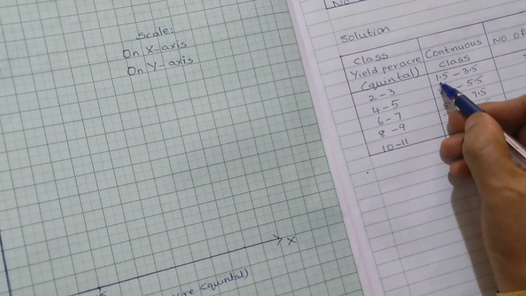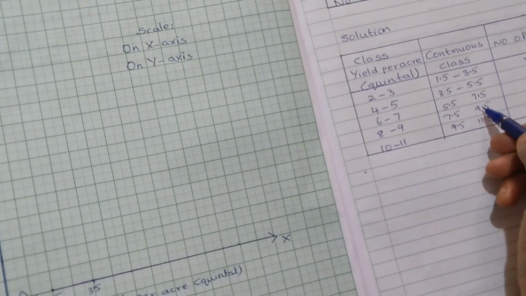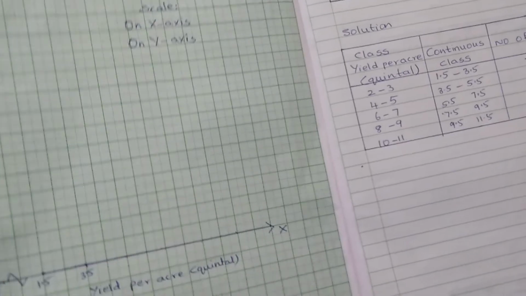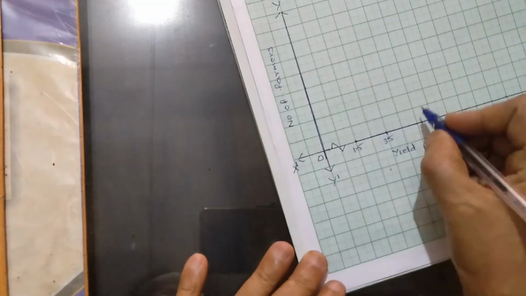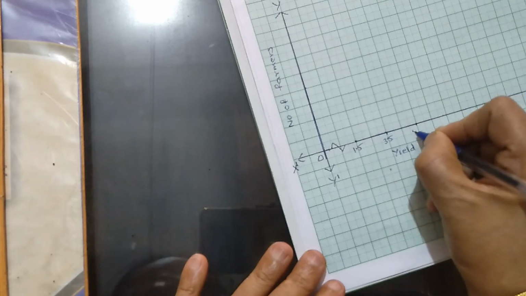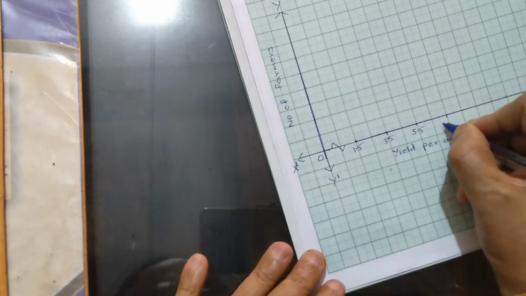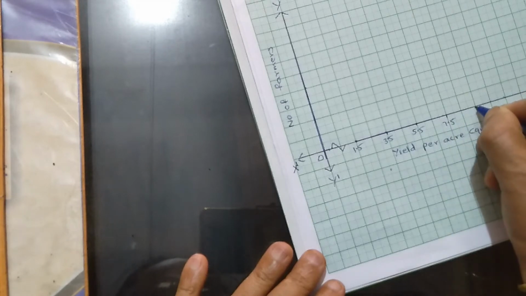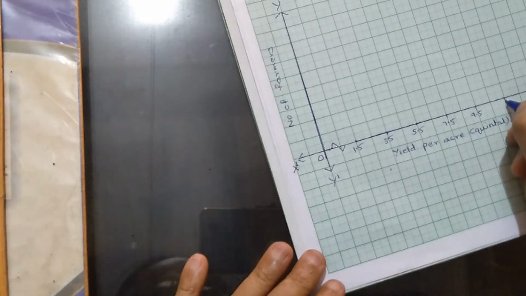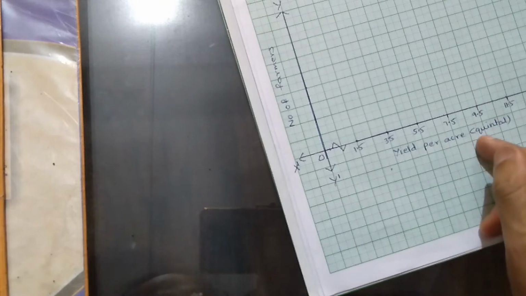So first you will take 1.5, then 3.5, then 5.5, then 7.5, then 9.5 and 11.5. So on x-axis is yield per acre quintal.